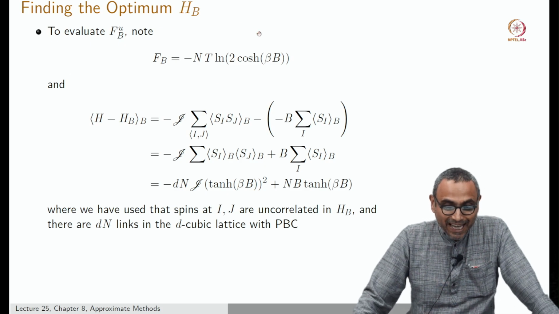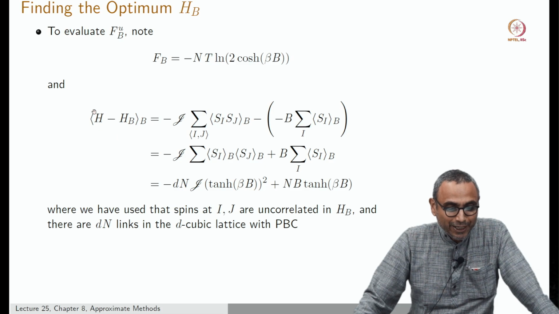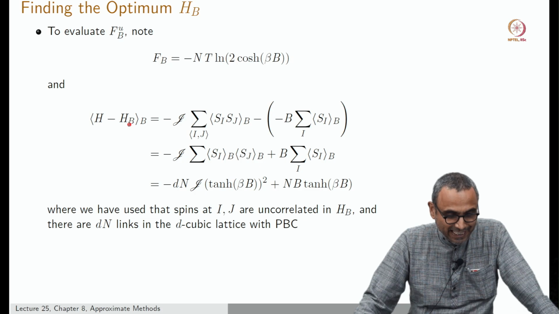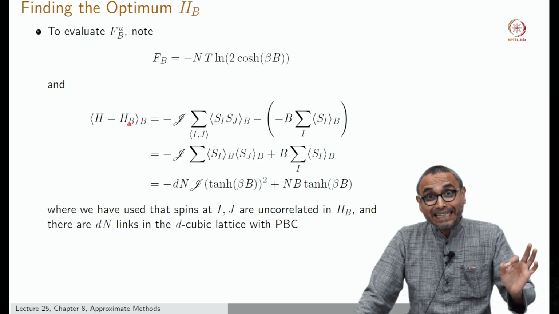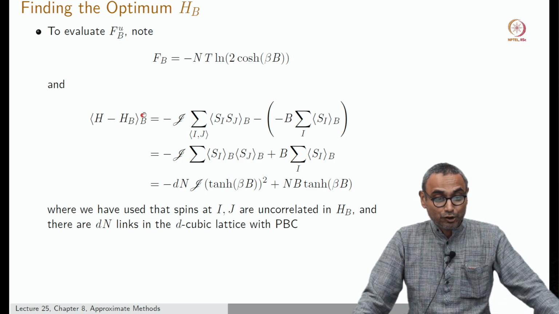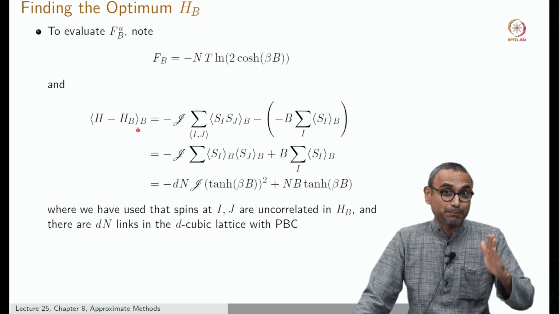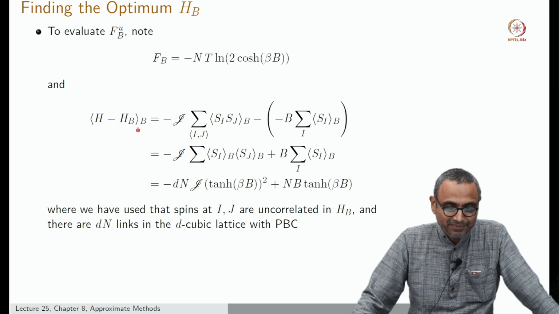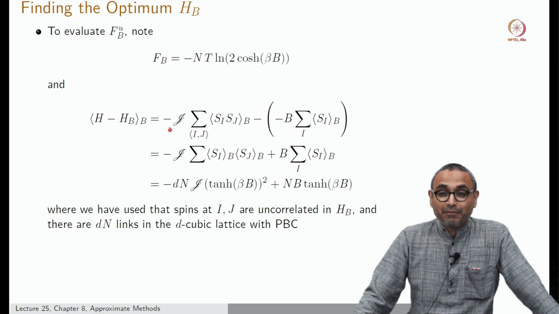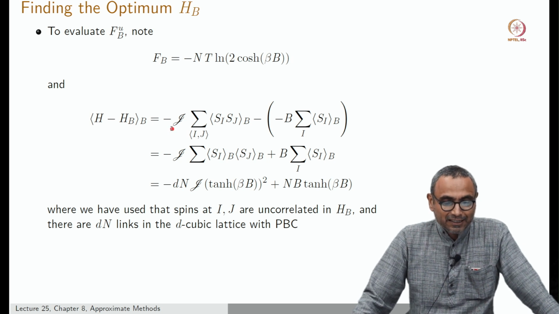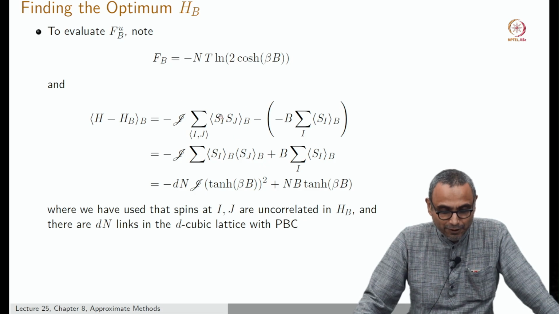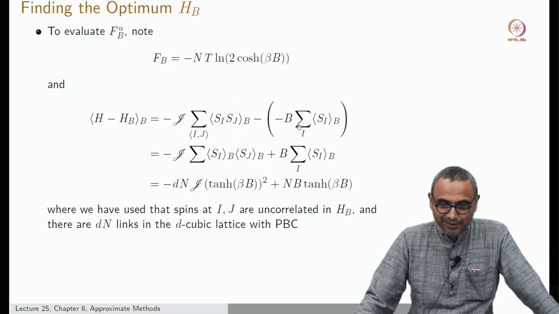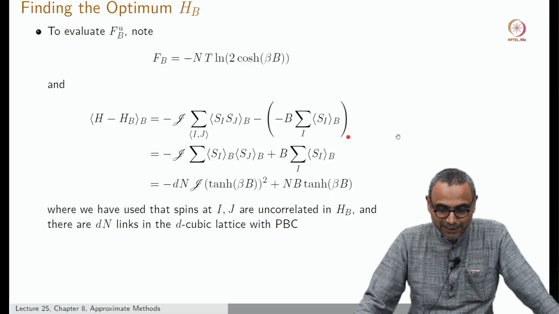Now what we would like to do is evaluate the expectation value of H minus H_B in the B ensemble, in the ensemble where I have these uncoupled spins sitting in a uniform magnetic field B. Okay, so I will walk you through this slowly. I have to compute the expectation value of H in the B ensemble and the expectation value of H_B in the B ensemble.